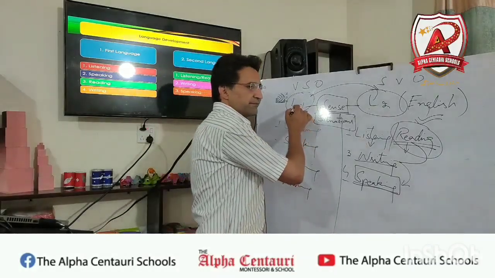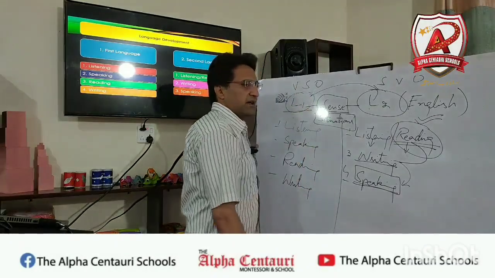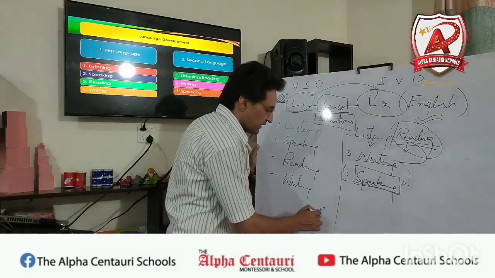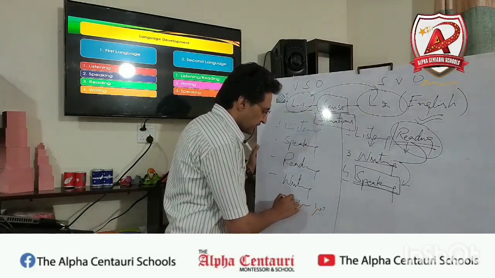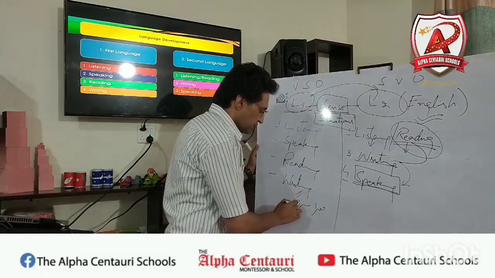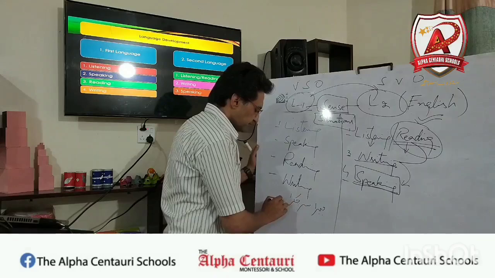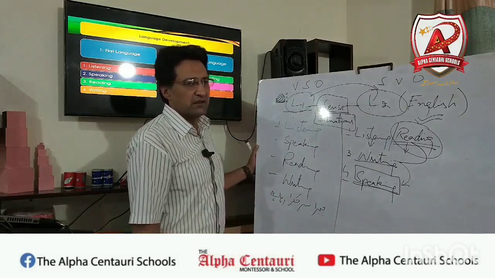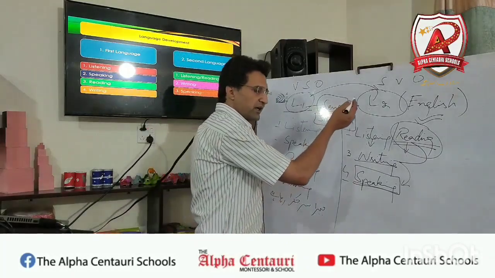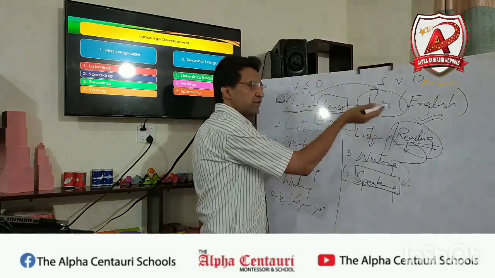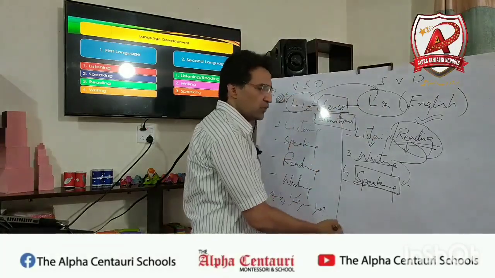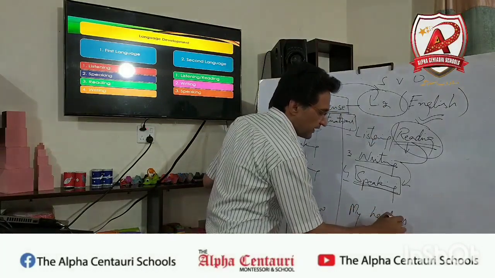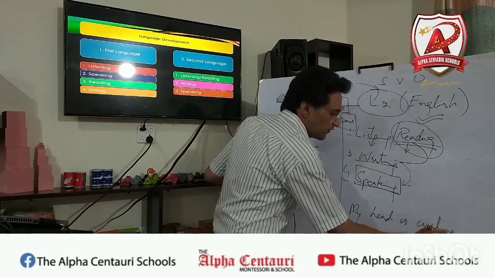For example, in your L1, you are saying मेरा सर चक्कर खा रहा है या मेरा सर चकरा रहा है. And if I'm trying to copy L2 from L1, I would do what, ji? My head is circling. My head is circling or revolving.